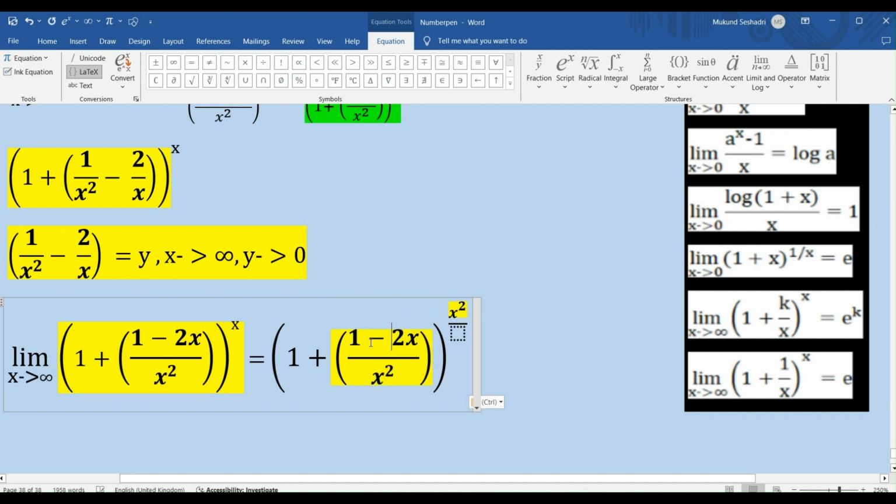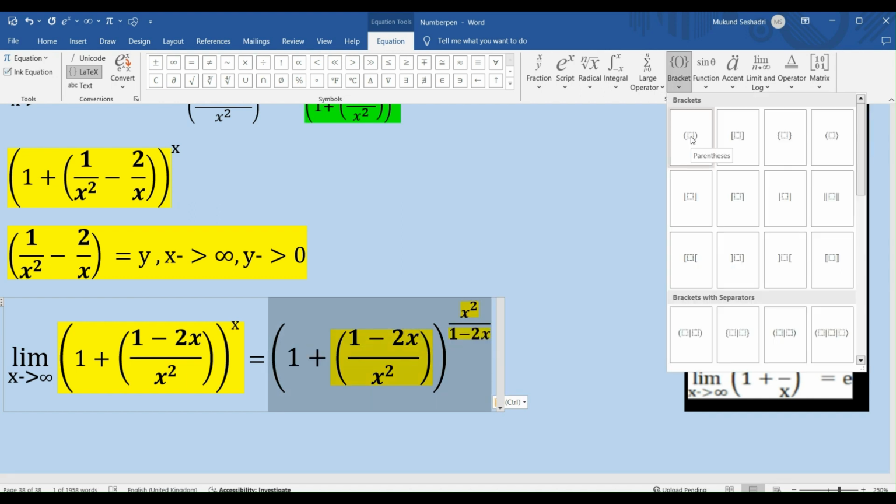Have 1 minus 2x comes in the denominator. All that we are doing is in the power component multiplying it by an x square by 1 minus 2x into 1 minus 2x divided by x square, which is nothing but a 1, right?